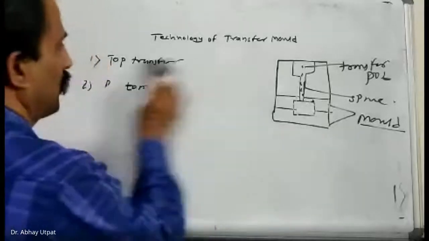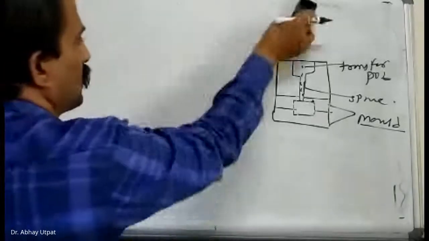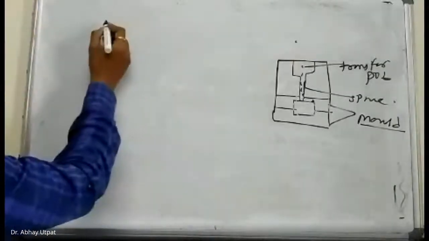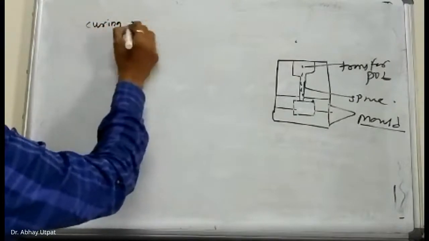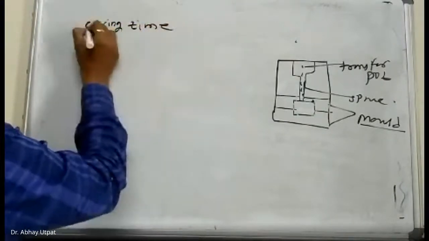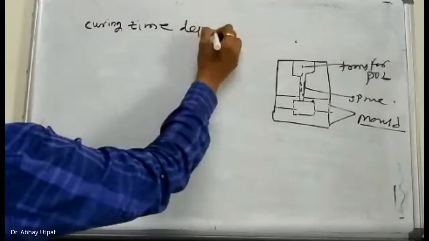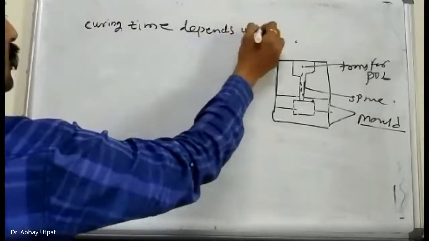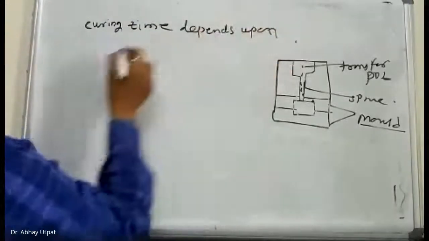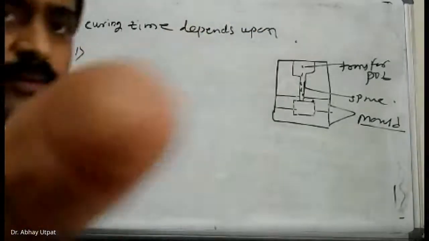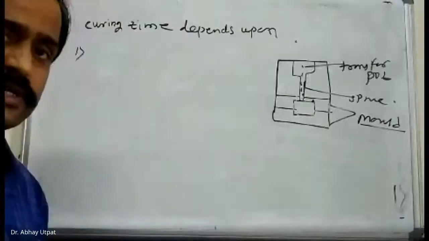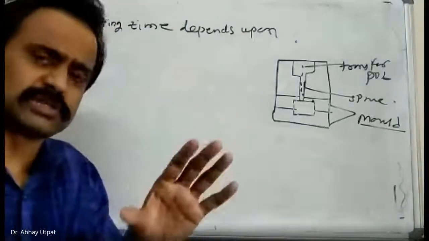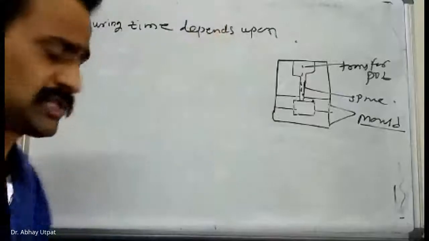Curing time for transfer and compression mold is always higher. Time depends first upon the thickest cross section of the component. So your component may have a number of cross sections. Out of that, what is the thickest cross section?